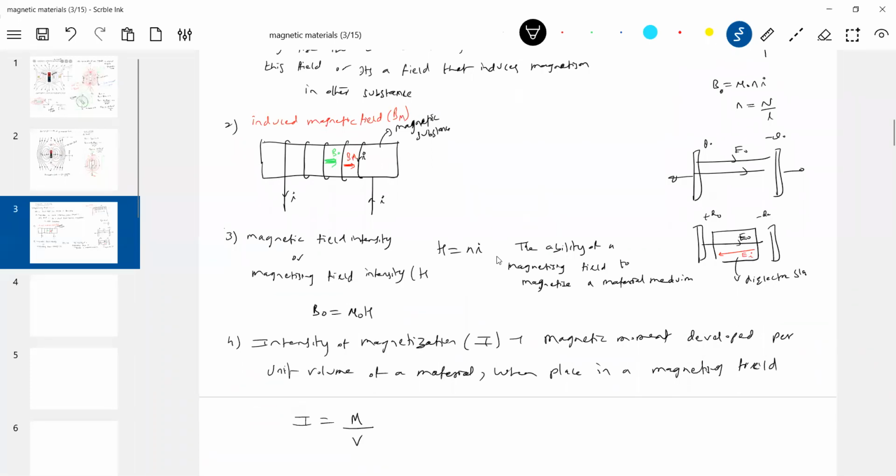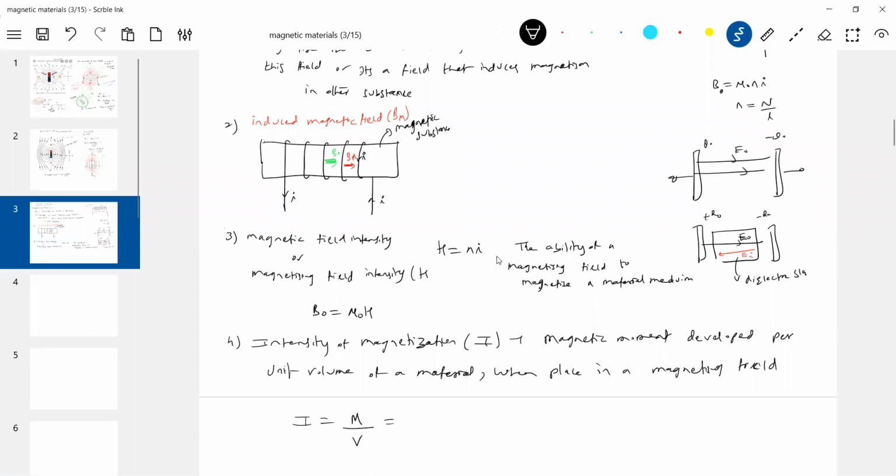What should this magnetic moment be equal to? From where should I measure this magnetic moment? The individual atom will behave like a magnet. Then the number of atoms into the dipole moment of each magnet will become the magnetic moment here. Let me keep that for the time being.